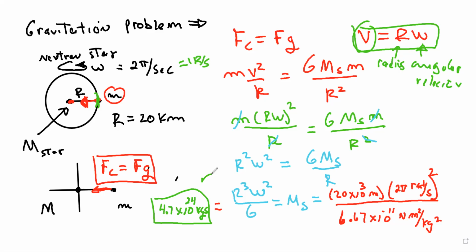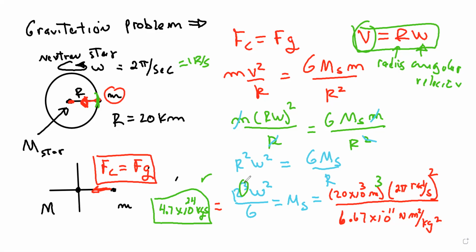This is from the Halliday and Resnick gravitation chapter. The radius is to the 3rd power, right there.